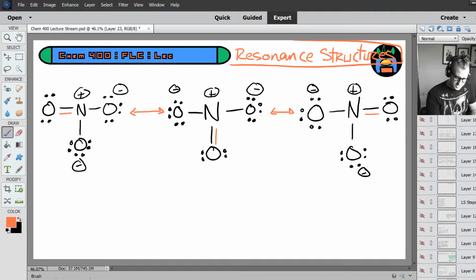All right, these are called resonance structures. And the relationship of these resonance structures to the true structure of the molecule is something that is very, very, very unique.